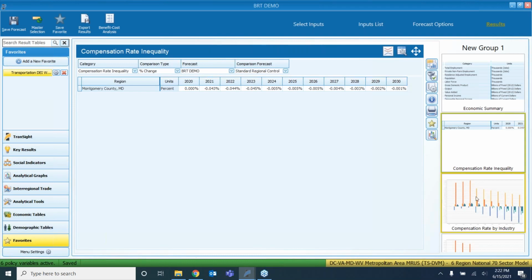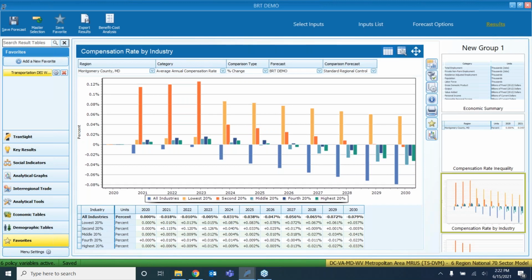Next, we can look at the compensation rate by industry as another part of our suite of DEI indicators. So here we can really look at how the compensation rate by industry is affecting different income quintiles differently. We see in the beginning, the second 20% of the income distribution is seeing the largest gains in compensation rate.